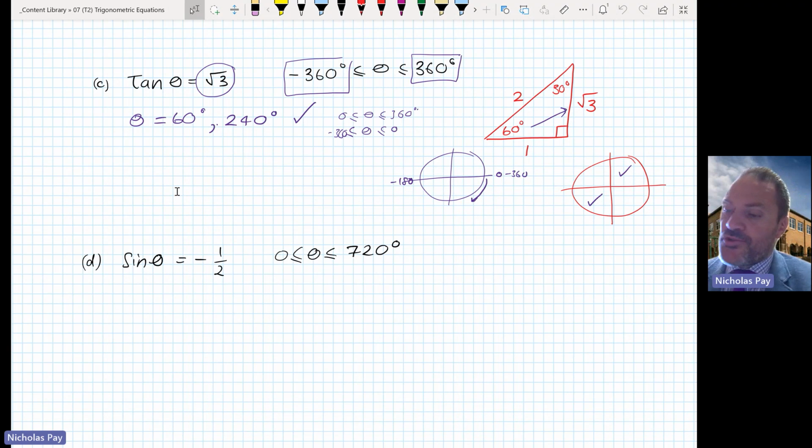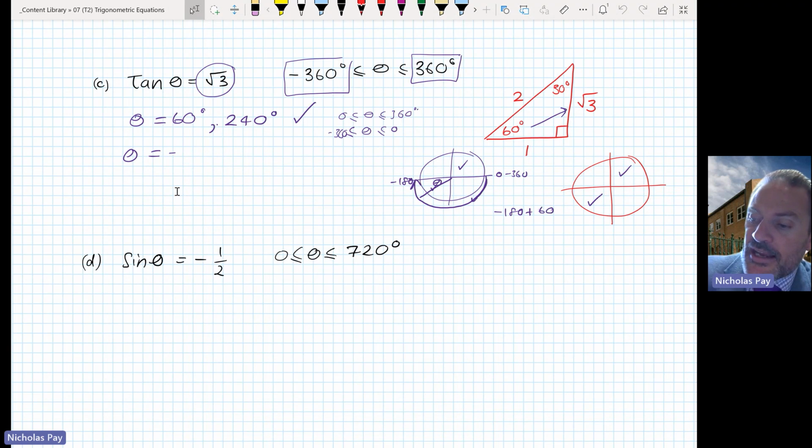If we think about which two quadrants it's going to be positive in, it's still going to be positive in the first and third, which means I'm coming all the way around to minus 180, but I'm plussing on that angle there. So what we're really doing is negative 180 plus that 60 degrees, that makes negative 120.